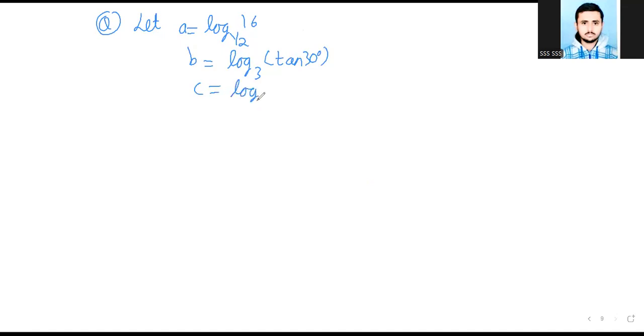So I'll go for the last question now. The question says, let a is equal to log 16 base half, b is equal to log of base 3 tan of 30 degree, c is equal to log of 2 minus root 3 argument of 2 plus root 3, and d is equal to log of base 2 argument log of base 2 of 4.